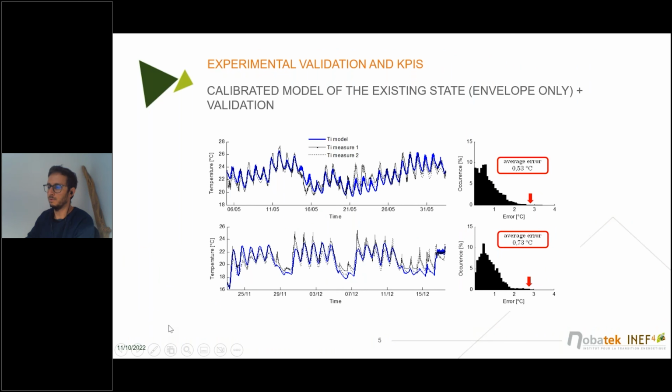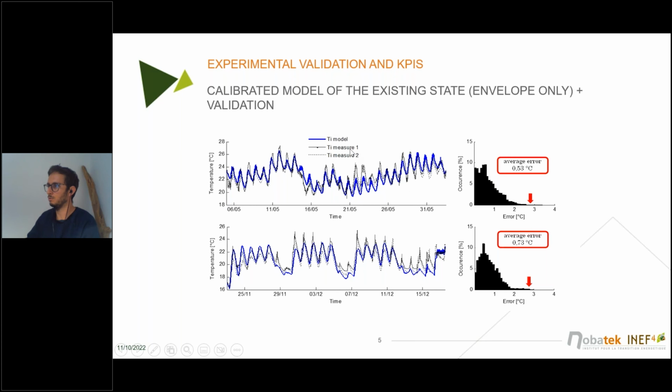So the next step, before using this model in the overall model with systems, is that we just want to check if this model is okay or not. So we use two other campaigns to validate this model. We can see here a 1 month campaign, and we check the results compared to the sensors.